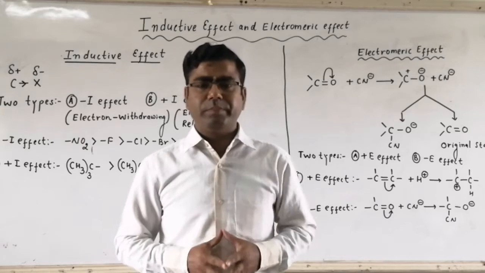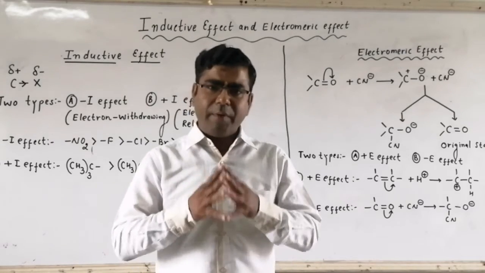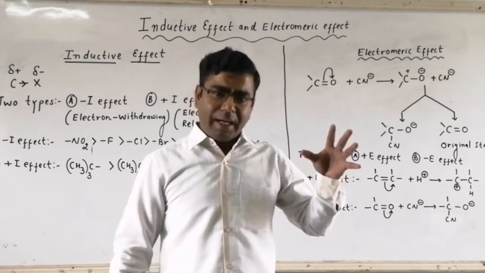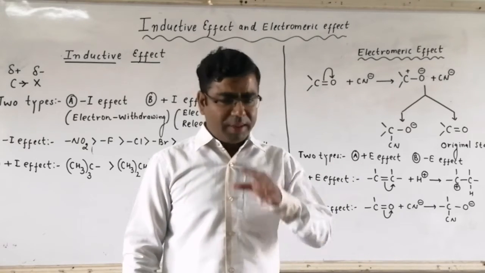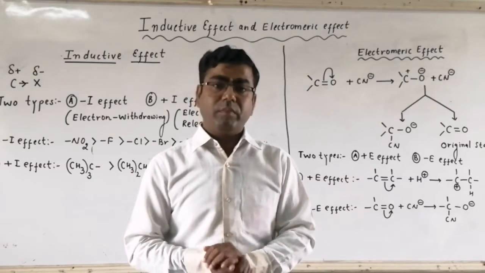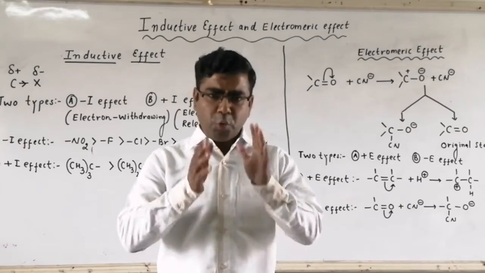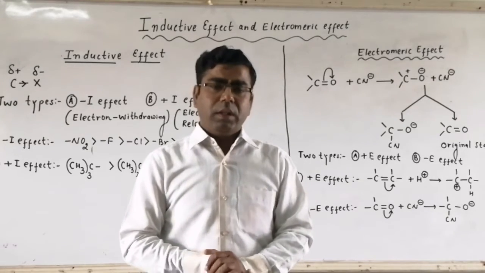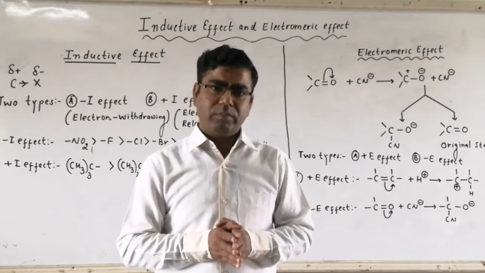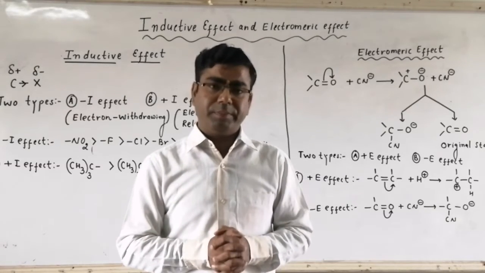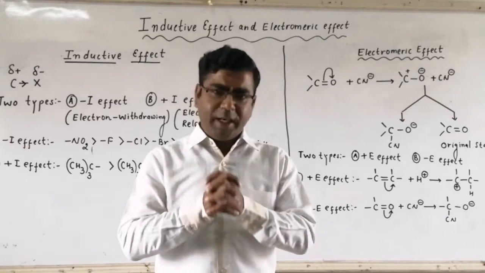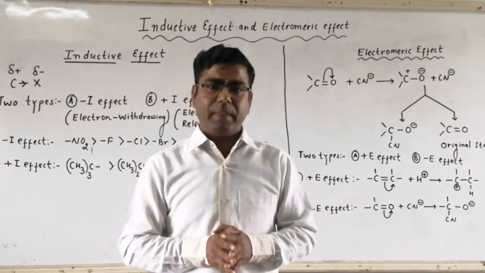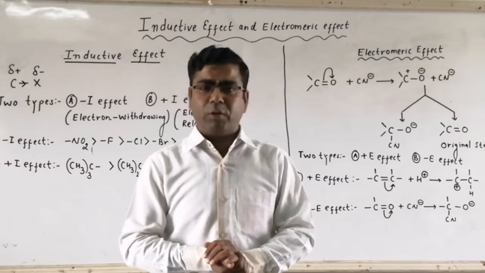Whenever an atom having different electronegativity than carbon atom is attached with the carbon atom, then due to electronegativity difference between the atom attached and the carbon atom, the shared pair of electrons, I am talking about the single bond, the shared pair of electrons will be slightly displaced towards the more electronegative element or atom.